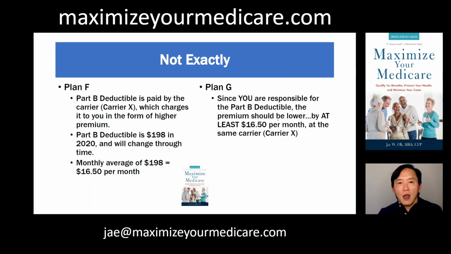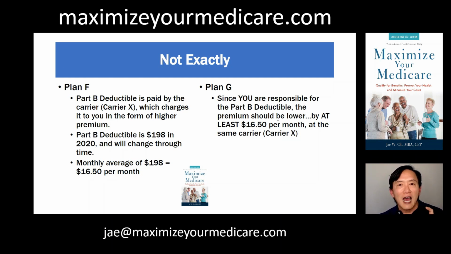Okay? Under Plan G, since you're responsible for the $198, the Part B deductible, you would expect the difference between Plan F and Plan G, the premium, to be $16.50. Because since that is the only difference, and we know its value is $16.50, you would think that that is the premium difference.